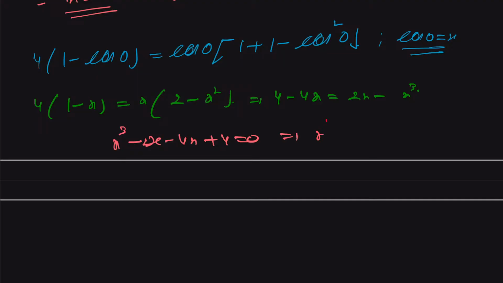So this gives us x cube minus 6x plus 4 is equal to 0. Now it should be correct.